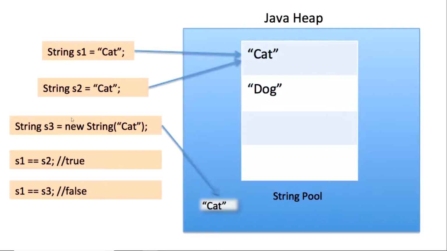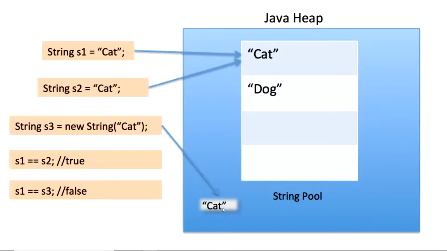So when we use the keyword new here, it is going to create another object, and this object is going to be stored in the heap area. When you create this object, this is again going to create a copy inside the heap.